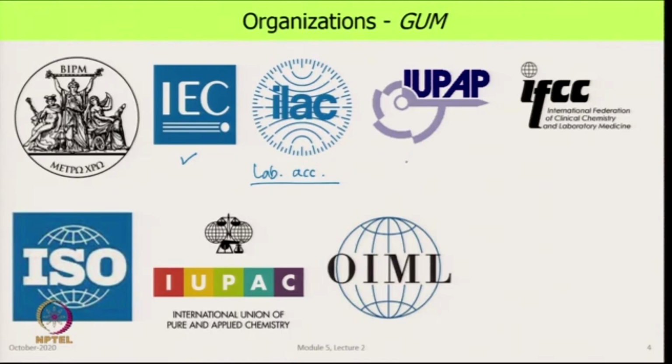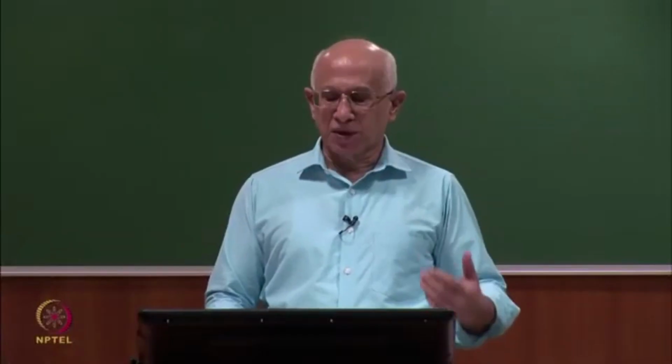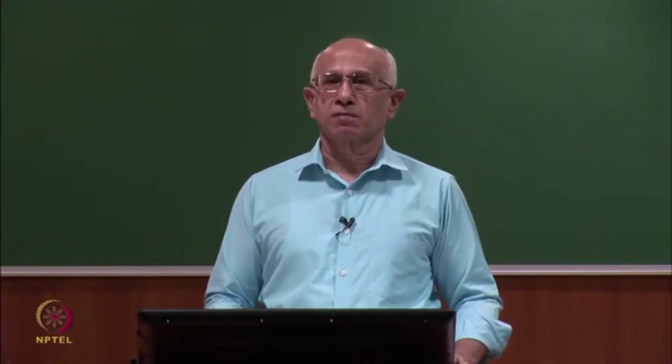Then you have this organization which is from physics, International Union of Pure and Applied Physics. So, all physicists also were on board in this effort, all applications related to measurements in physics.